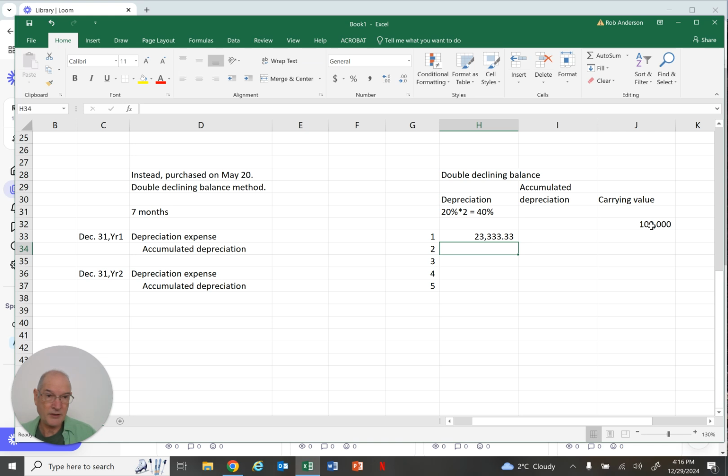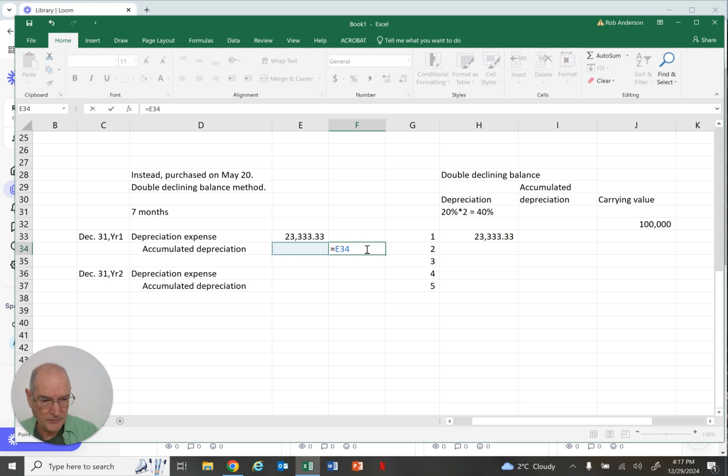And here's where we get to some slightly odd numbers, which usually happens if you get partial year depreciation. So this becomes depreciation expense for the first year. So there's my first year.